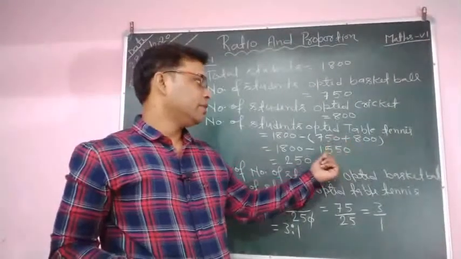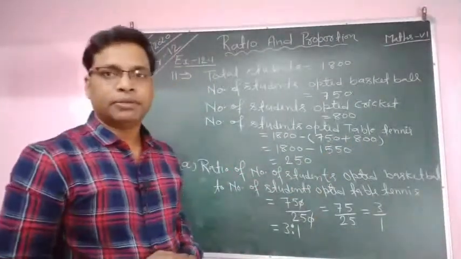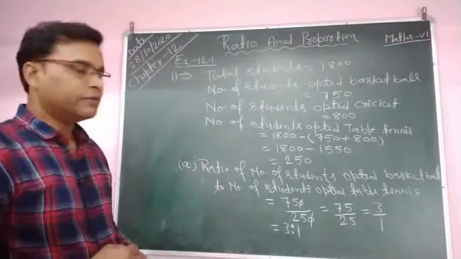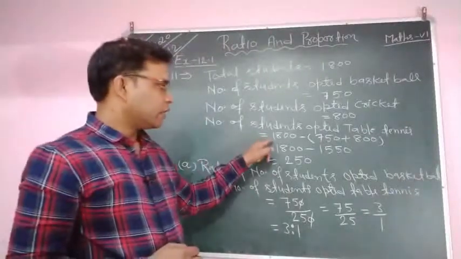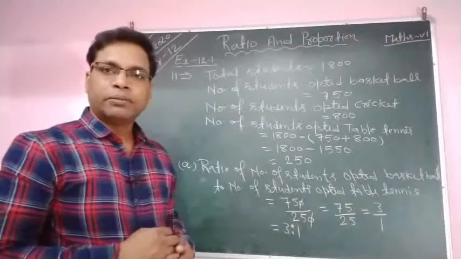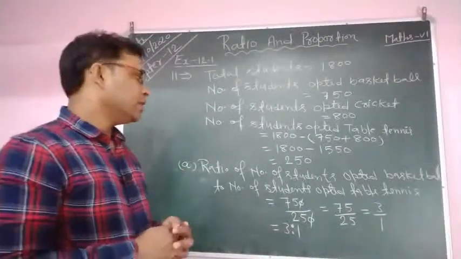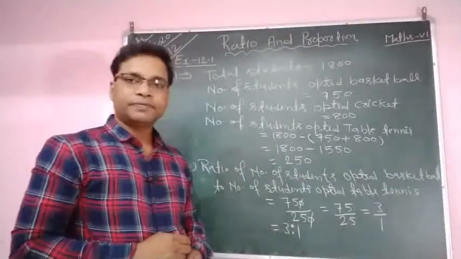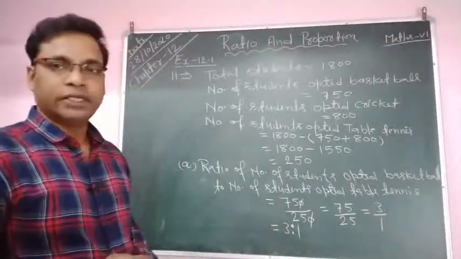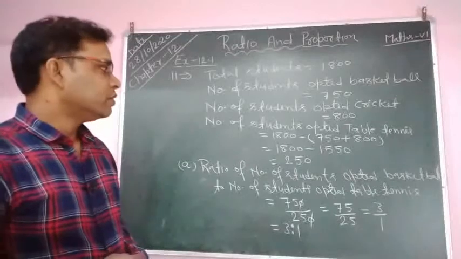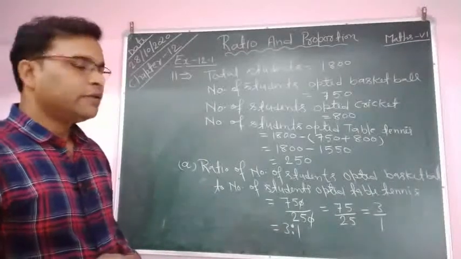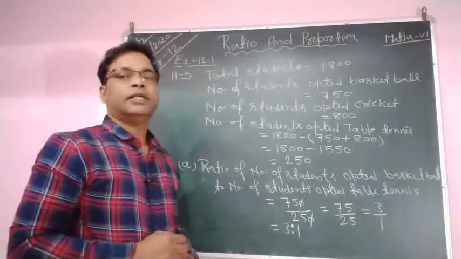If you sum them, we obtain 1,550. So 1,800 is the total number of students in the school. When you subtract, we obtain 250 students who like table tennis, or you can say 250 students opted table tennis.